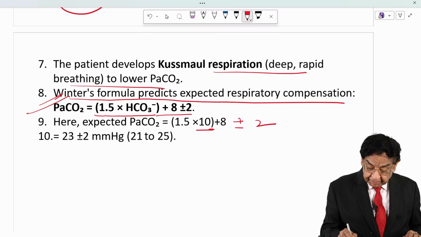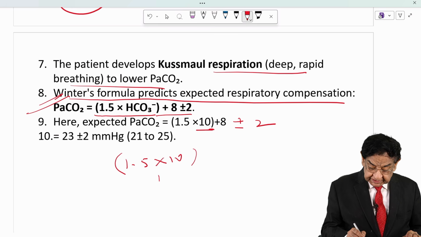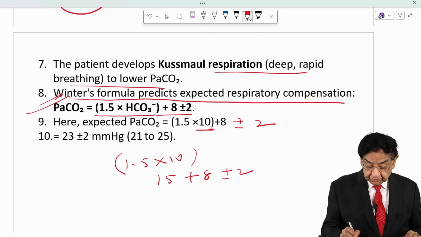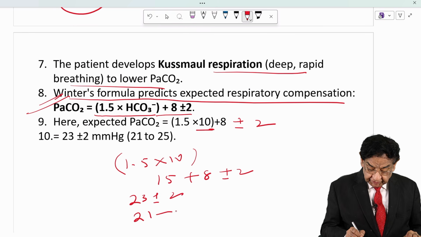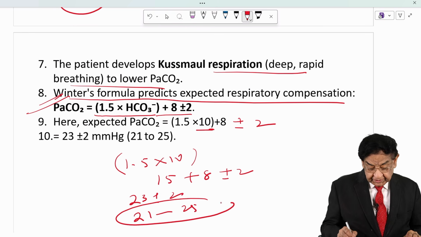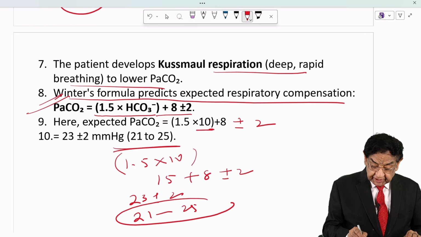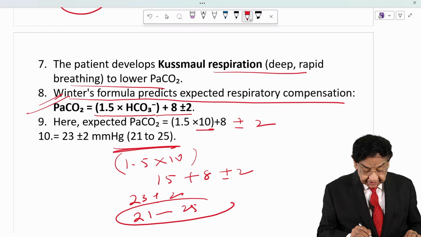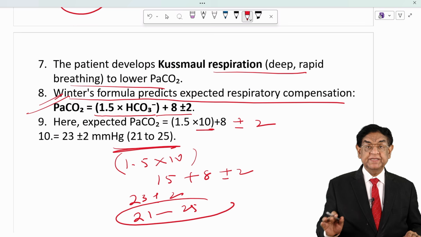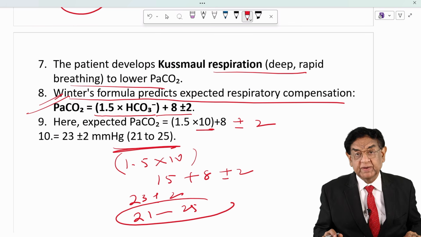So 1.5 multiplied by 10 is 15, plus 8 is 23, plus minus 2, so 21 to 25. This is the range by the Winter formula.